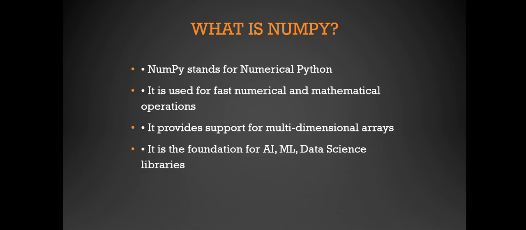This is a library used for faster numerical computation, which means it is used for fast numerical and mathematical operations. If you have to multiply, divide, or do some large math operation, you can do it using NumPy in a few seconds, even within a fraction of a second. That is the advantage of NumPy.